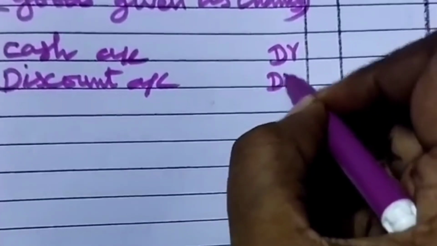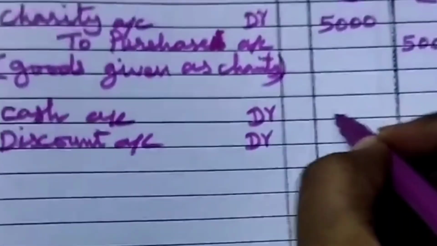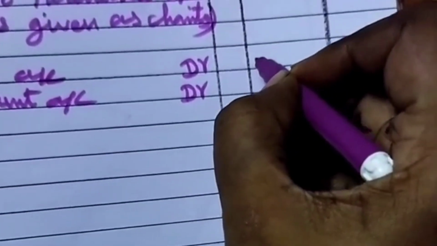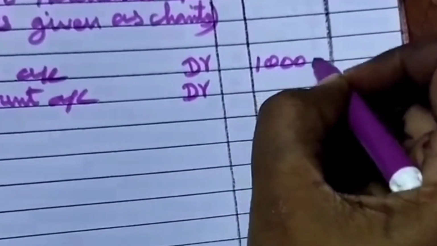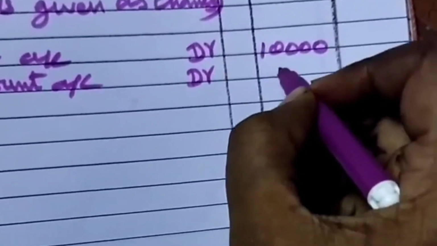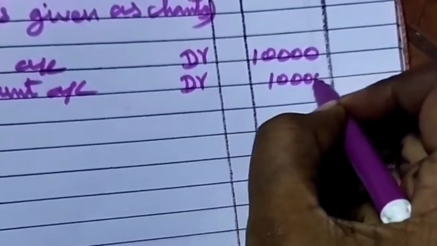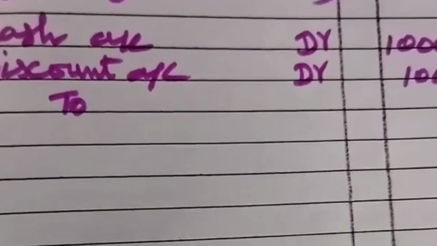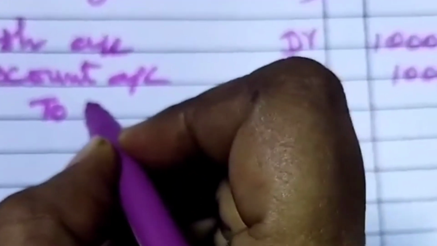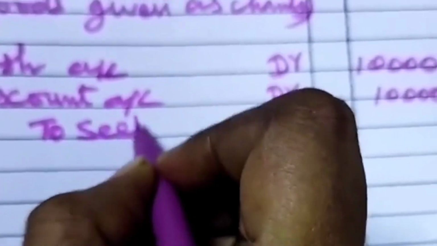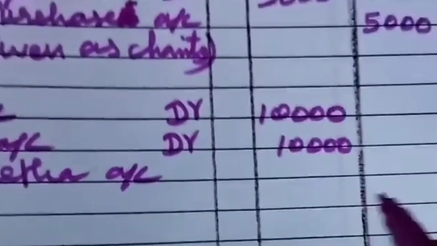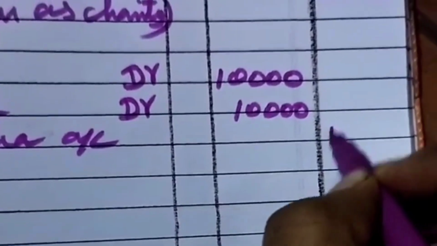How much we received? That is 10,000 only we received. Discount, 1,000 rupees. Then totally to Sita account. How much we have to write? 11,000 we have to write.